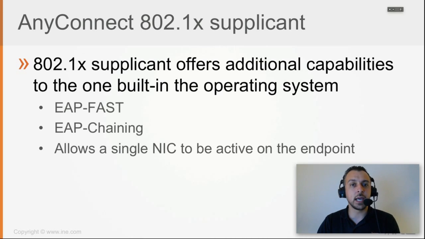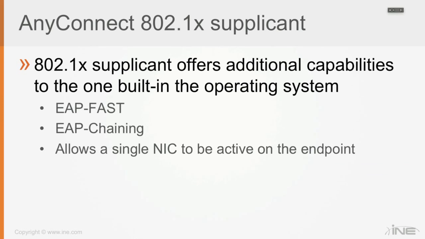Some of them are more trusted, like the inside network. So that clearly becomes an attack vector, because the PC has multiple connections active at the same time. And AnyConnect can prevent that, by allowing only a single NIC to be active at the same time on the endpoint.